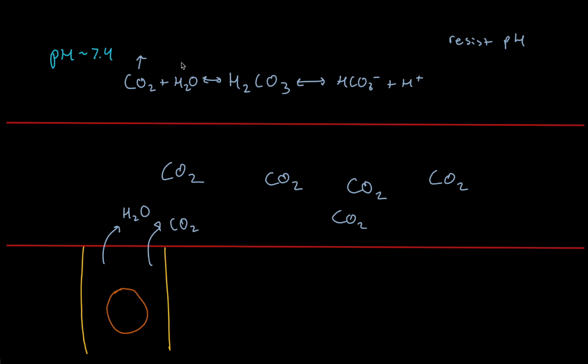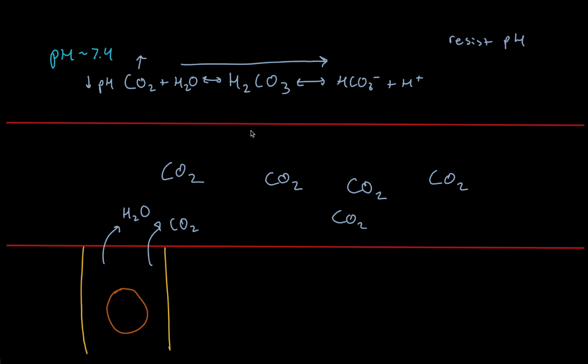Now, according to Le Chatelier's principle, since CO2 is increasing, we need to bring this back to equilibrium, so we're going to favor the reaction toward the products, producing our bicarbonate and our hydrogen. In doing so, we decrease our pH. So if we're holding our breath, we are decreasing the pH in our bloodstream because we're increasing the amount of hydrogens being produced.